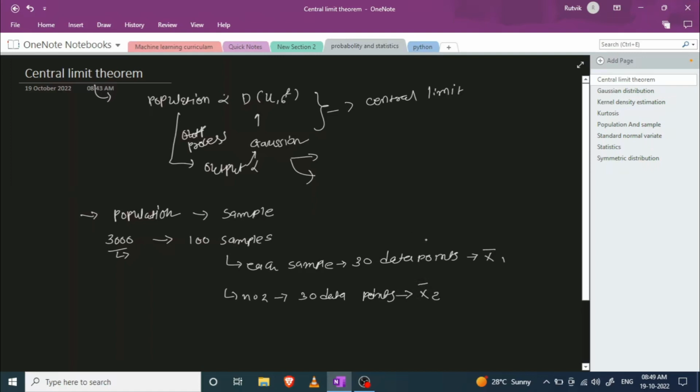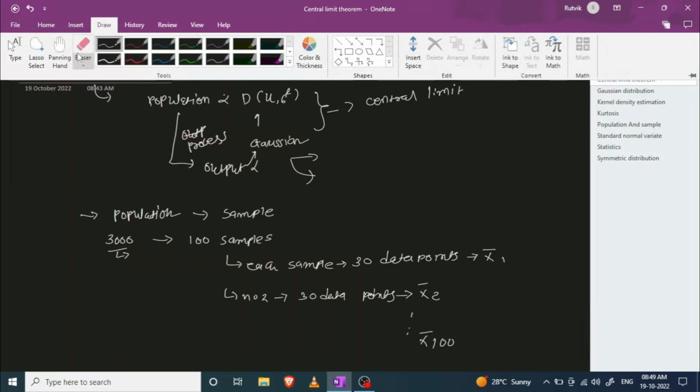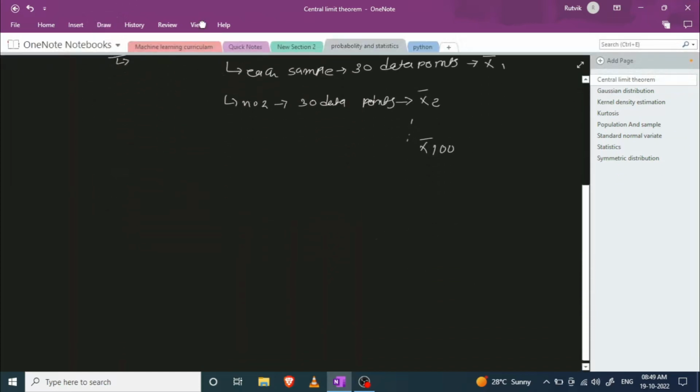This is the basic process we need to convert a population into samples. After that, I calculate the mean for all 100 samples, so the last mean would be x bar 100. In this way we can calculate the means.